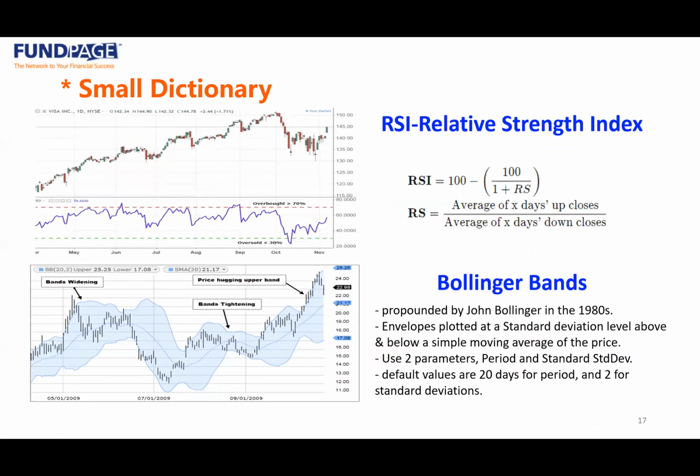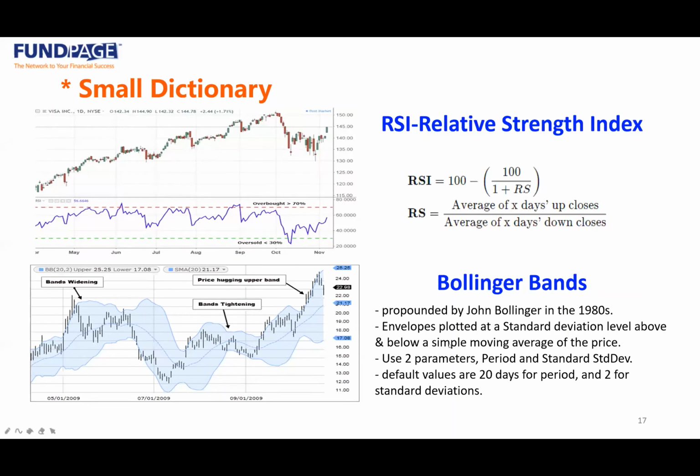Before we present the reports, we remind you of some keywords. The first is the relative strength index. If this index is more than 70%, that means overbought, and the price will U-turn down. If it is less than 30%, that means oversold, and the price will U-turn up.